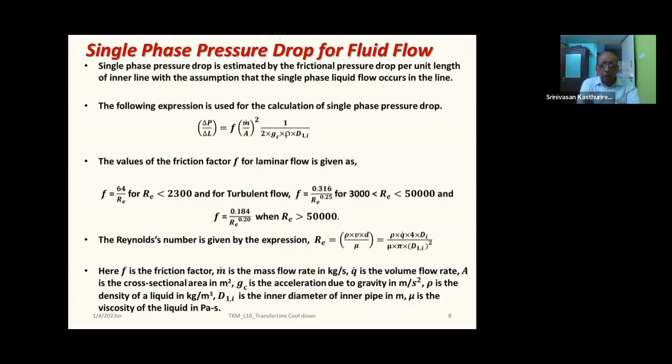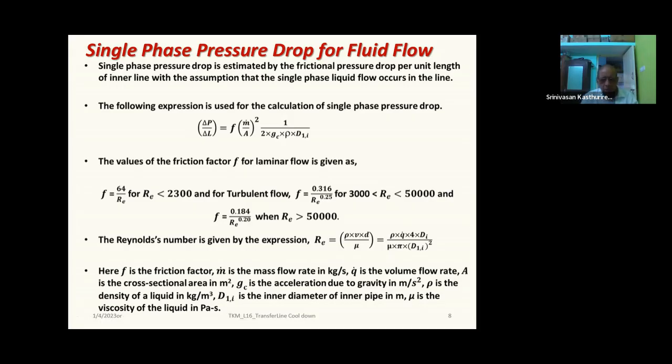So in these expressions, f represents the friction factor. M dot is the mass flow rate, expressed in kg per second. Q dot is the volume flow rate. A is the cross-sectional area of the pipe in meter square. And gc is the acceleration due to gravity, in meter per second square.